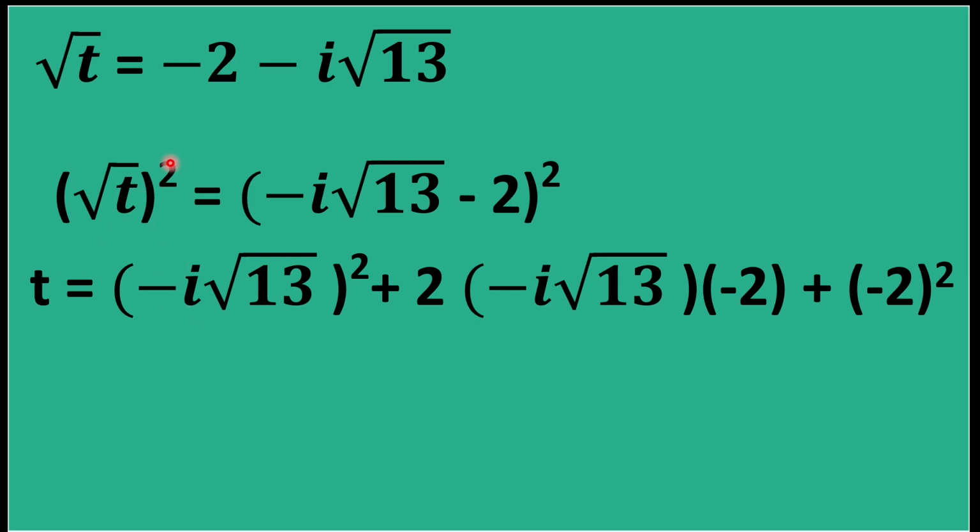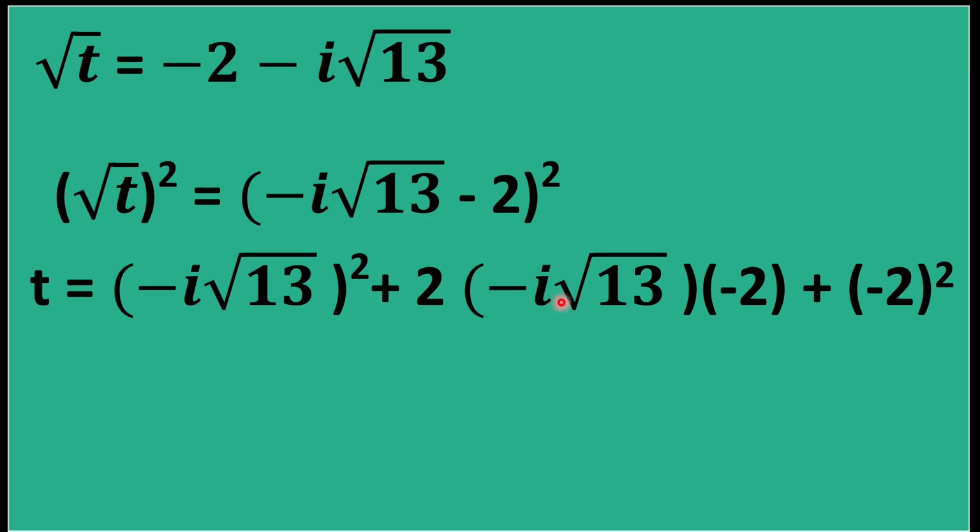So let's expand this equation according to the formula. Overall this will become t equal to a square plus 2ab plus b square. Please remember that we have a equal to minus iota under root 13 and b equal to minus 2.